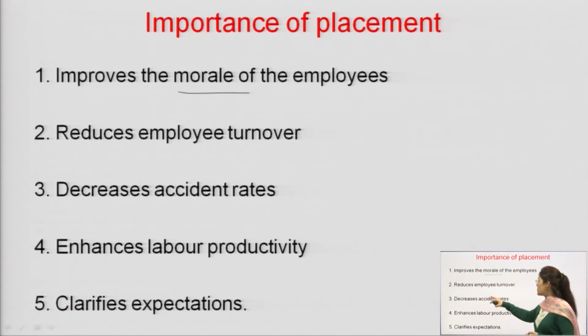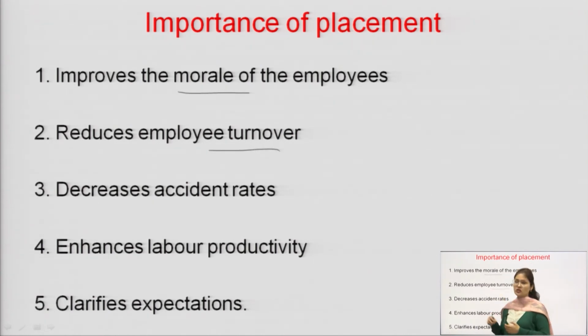Next one is reduces employee turnover. If he is satisfied with the job, obviously he will not leave the job, right? So employee turnover may reduce. Employee turnover means how many employees are leaving the organization. If people are leaving the organization so frequently, that means employee turnover is increased.